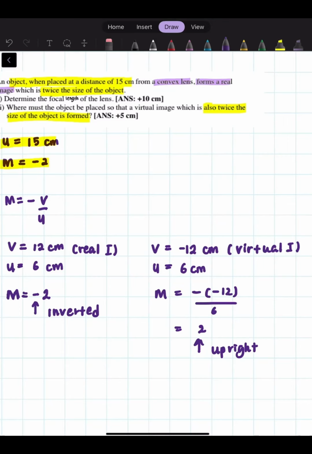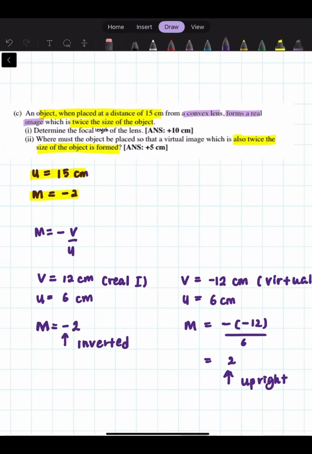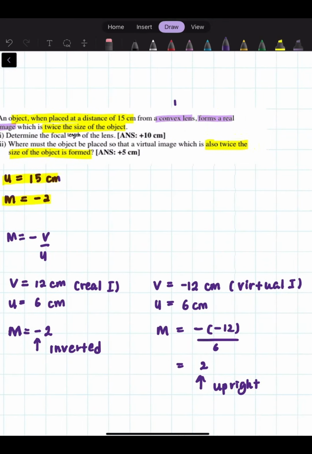So remember that for a lens such as this one, if the image is formed on the same side as the object, it is virtual.